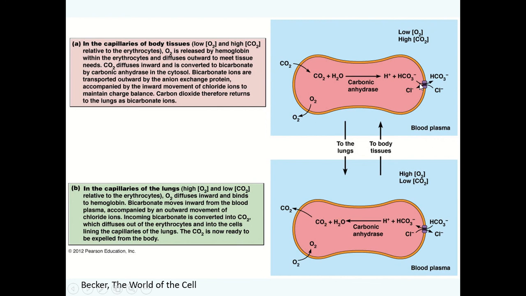So this movement of ions is important to maintain the electrical neutrality inside the red blood cells. Because if bicarbonate ions, which are negatively charged, are being constantly pushed out of the cell, then the protons are going to be accumulated in this red blood cell. Hence, the red blood cell will have a large excess of hydrogen ions.